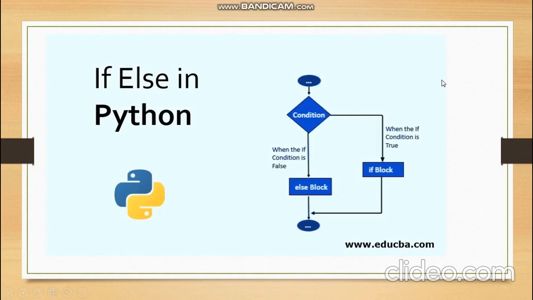See the flowchart of how the if else statement works in Python. Firstly, the program will start. It will check the condition. If the condition is true, meaning whatever condition you have given is true, then your if block will execute, and whatever instructions are written inside the if block will execute, and then after the execution of each and every instruction, the program will terminate.